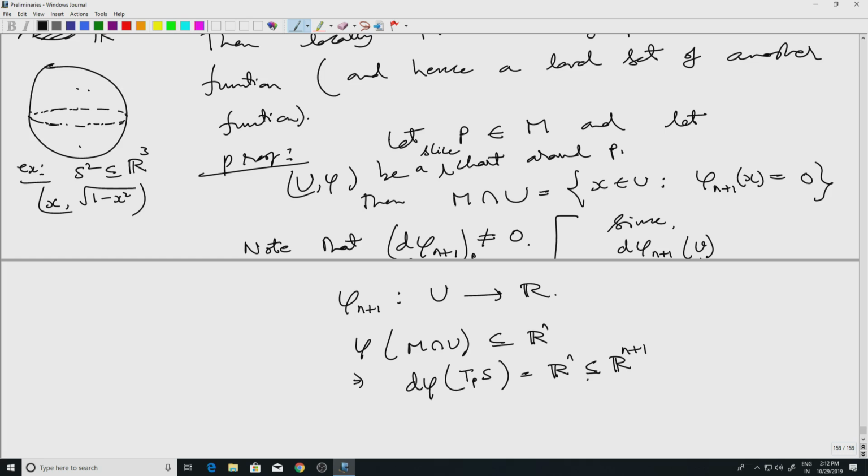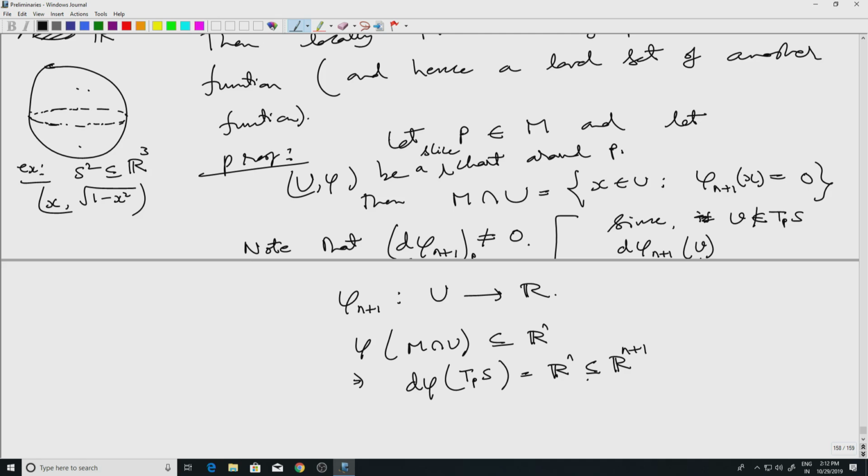So that means that if I take a vector V, since V is not in the tangent space to S, then d phi n plus 1, the last coordinate, cannot be 0. If it had been 0, then remember that d phi is supposed to be an isomorphism.